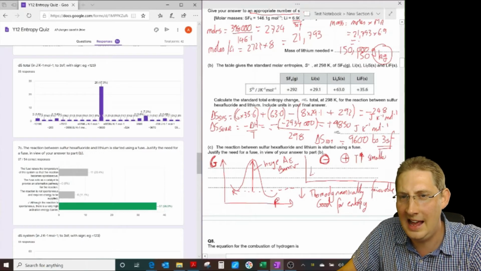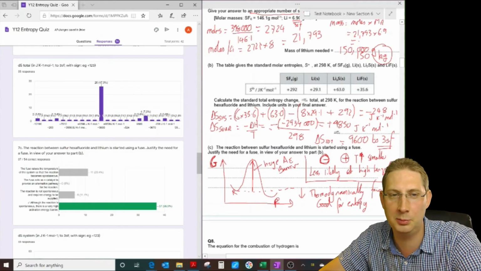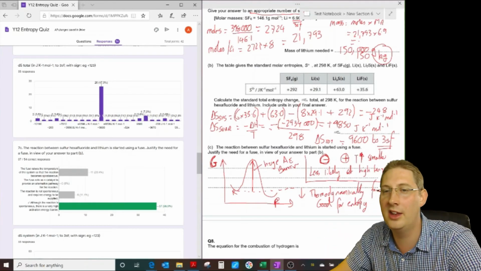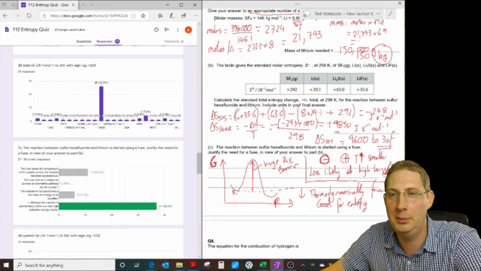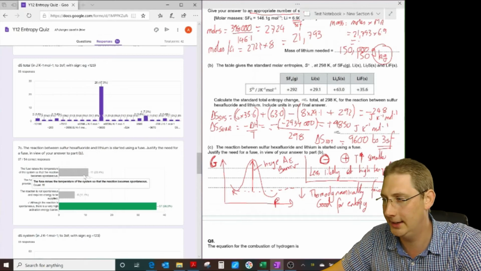So it is less likely at high temperatures, just like the previous question, okay? So it's not that the fuse is making it spontaneous, actually the hotter the temperature, the less likely this reaction is, because it's exothermic. Again, tie this idea to Le Chatelier.